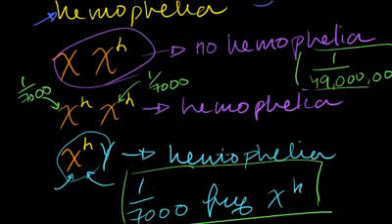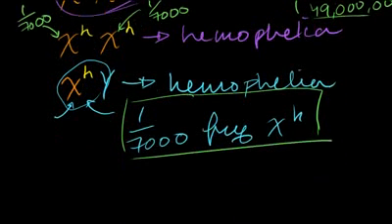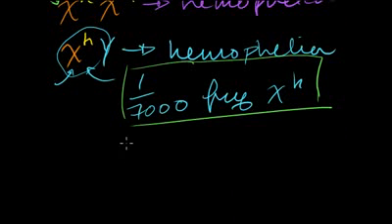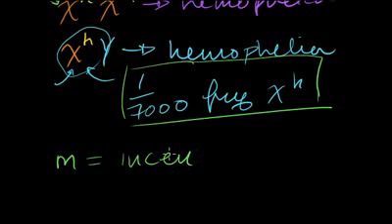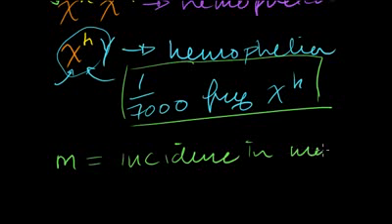Let's say that M is the incidence in men. Then the incidence in women will be what? You could view this as the allele frequency of that mutation on the X chromosome. So women have to get two versions of it, so the woman's frequency is M squared.